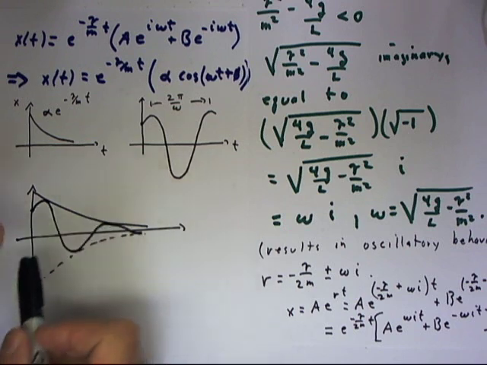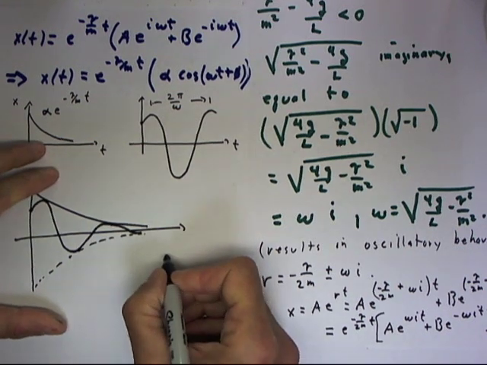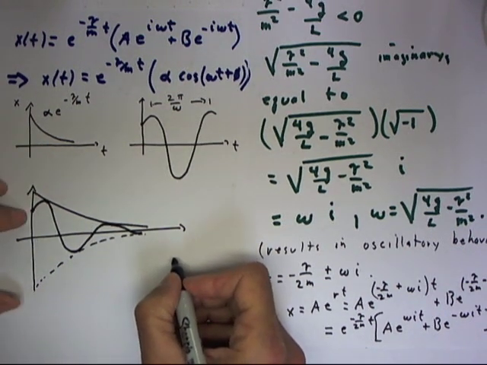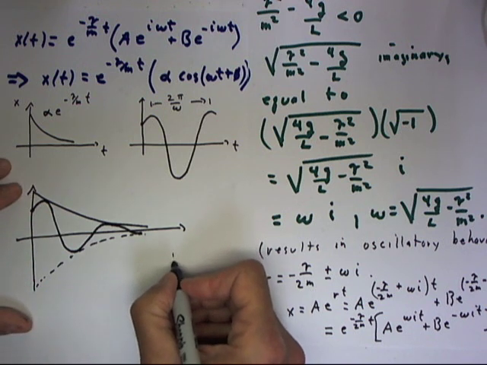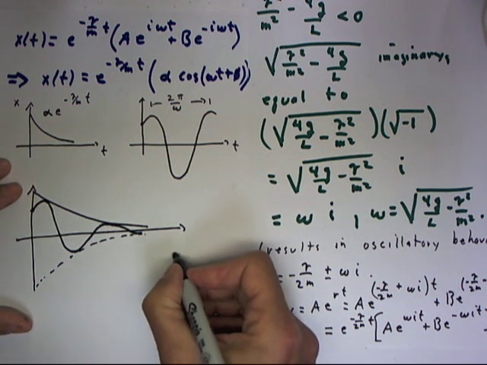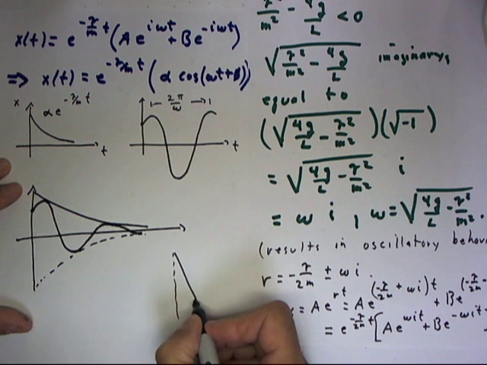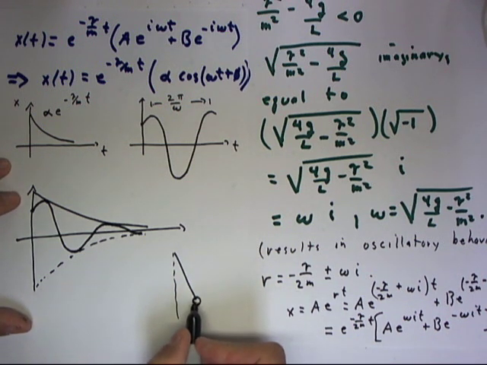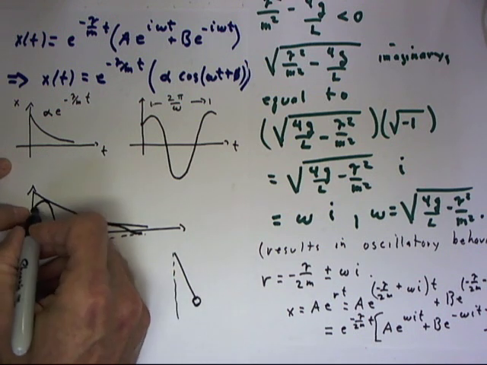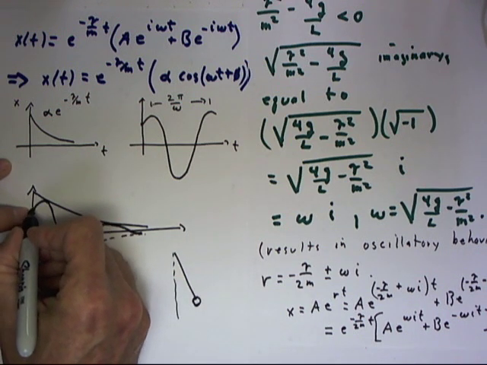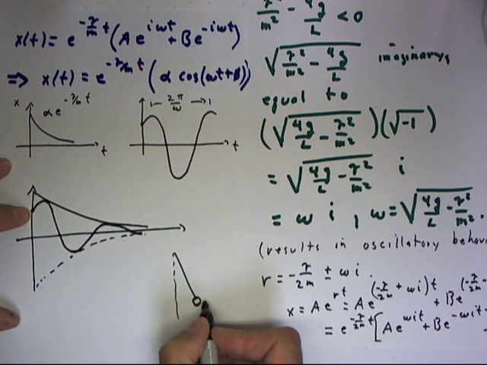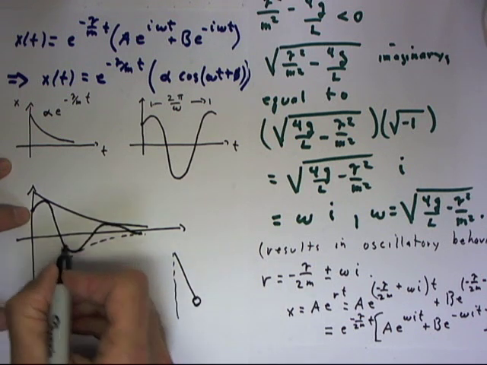Now the graph I've drawn here would correspond to a pendulum being released to the right of our equilibrium position, but not simply released, given a push in this direction so that it moves further from the equilibrium position before beginning to swing back toward equilibrium.